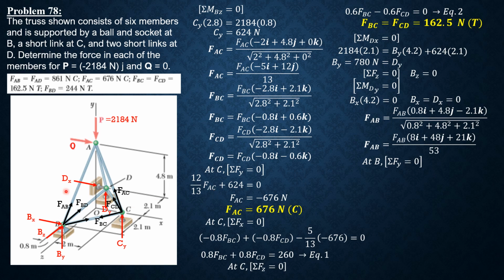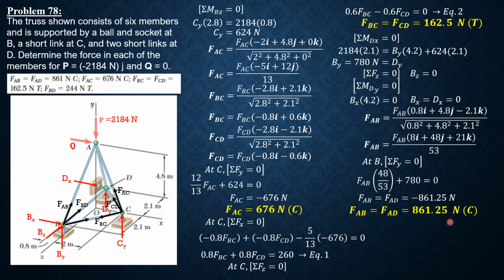The vertical component of FAB is 48 over 53 FAB, plus By, and By is equal to 780, equals 0. Solving for FAB, it is negative, equal to FAD also, negative 861.25 newtons. So FAB equals FAD equals 861.25 newtons compression.